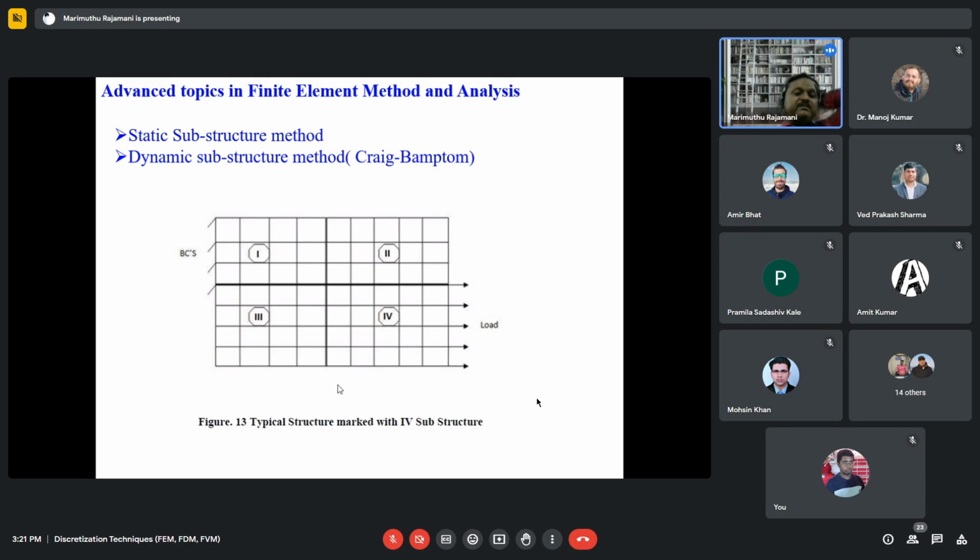And once you get the interface variables, you can supply them to each of the subdomains, and you can evaluate the nodal variables corresponding to the interior of the domain. And you can evaluate the derived quantities such as strains and stresses. That's called static substructuring. The same thing is there for dynamic substructuring. That's called the Craig-Bampton method.